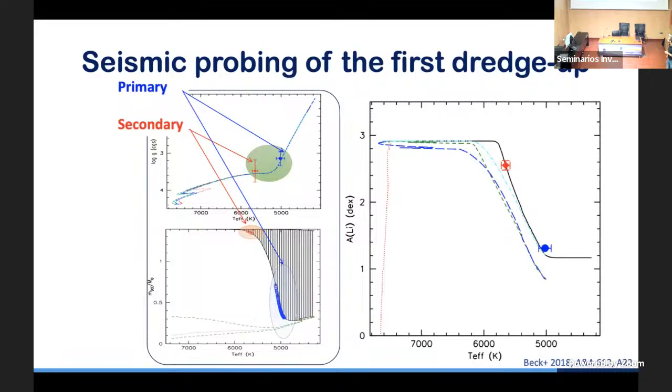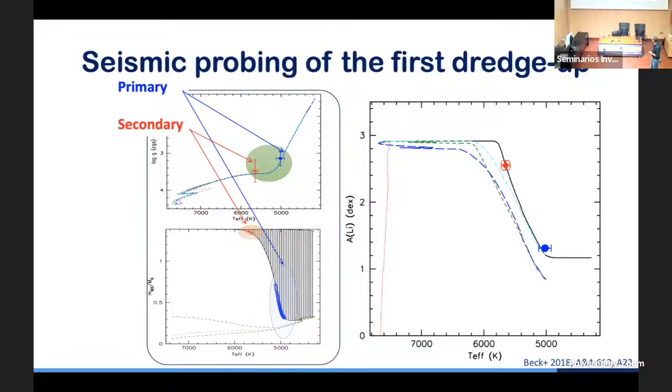But we concluded we could show that this lithium abundance and change in lithium abundance is only compatible if the main sequence star progenitor was rigidly rotating, which is in agreement with other diagnostics.